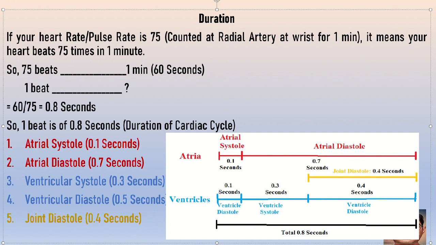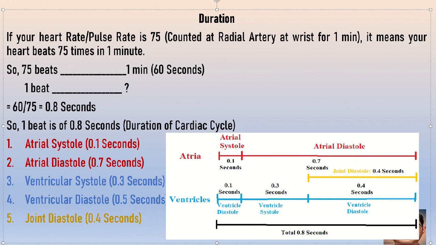And when ventricular systole is going on, atria are in relaxation phase, that is in diastole. There is a period of 0.4 seconds where atria and ventricle both are together in relaxation phase, that is diastole, which is called as joint diastole, and it is about 0.4 seconds.